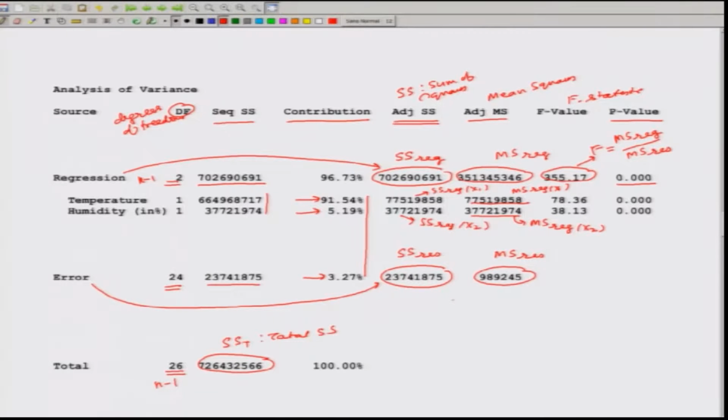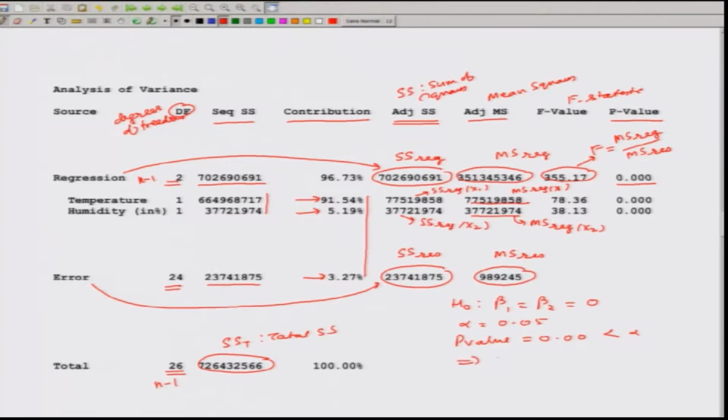Now if you recall what our objective in analysis of variance was, we were interested in testing a hypothesis like H0: beta 1 equal to beta 2 equal to 0. And here we have chosen alpha equal to 0.05. So we can see here that the p value which we have obtained is close to 0.0, and this is smaller than alpha.